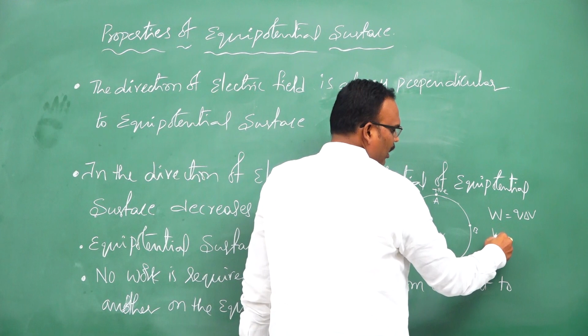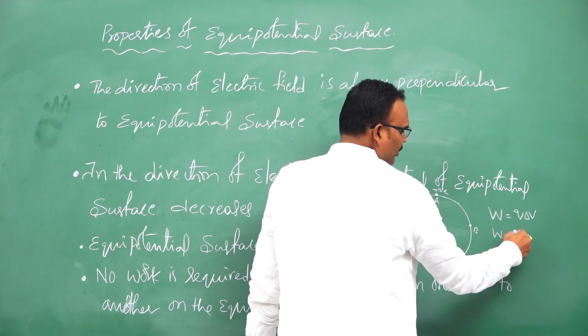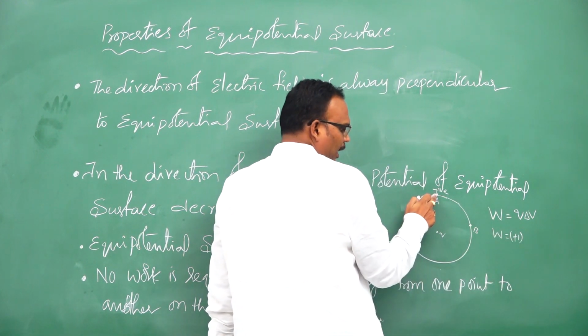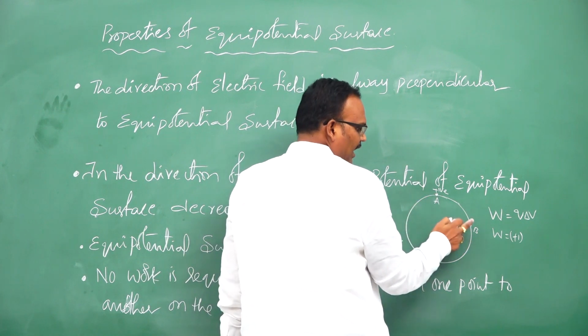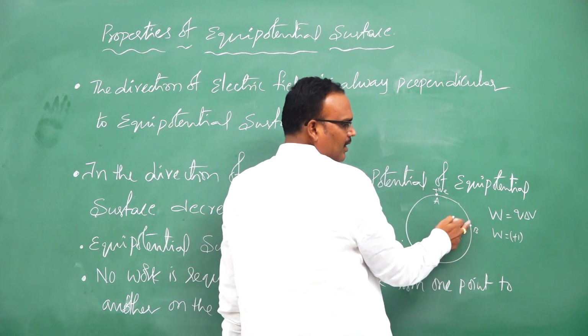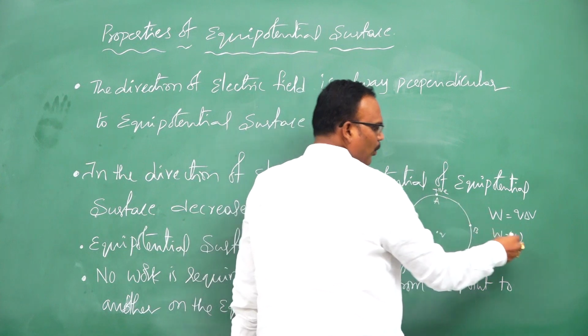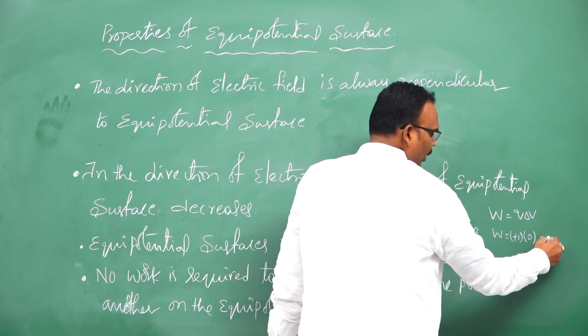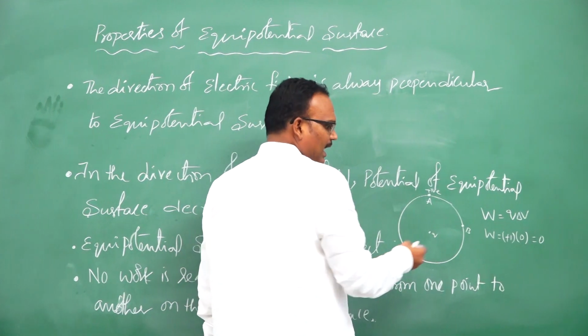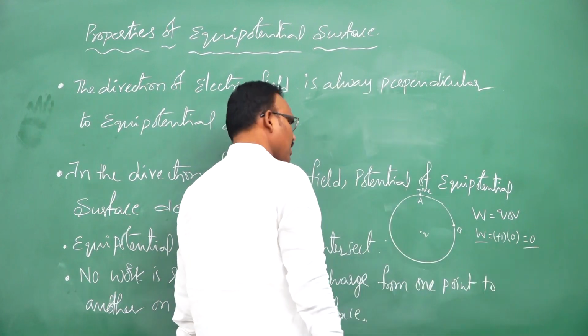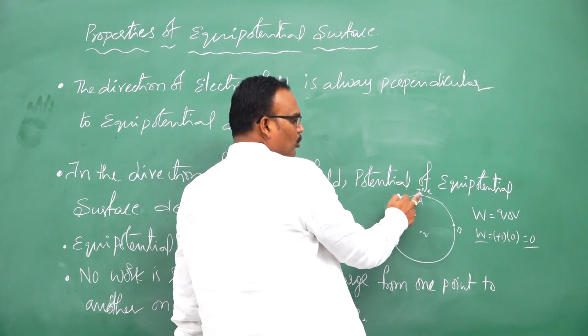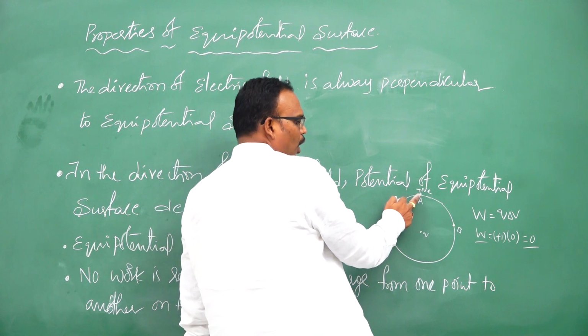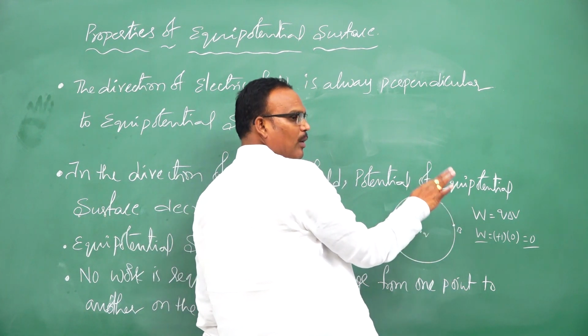Okay, see here W is equal to unit positive charge into here potential is V, here also potential is V. So the potential difference between these 2 points is 0. So 0 into anything is 0. So work done is 0.